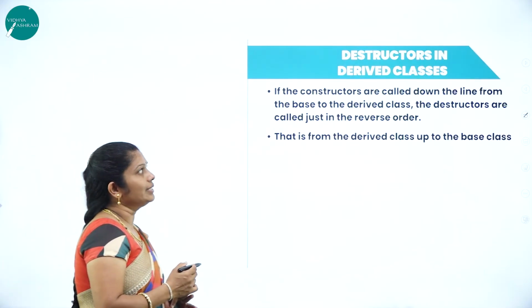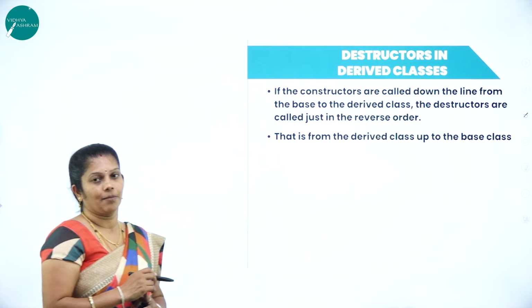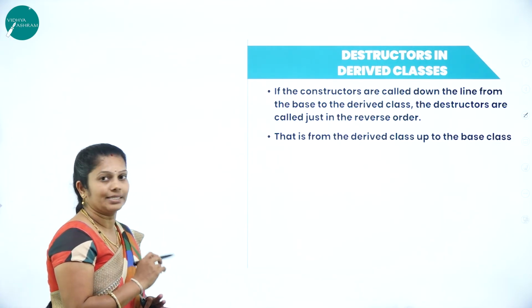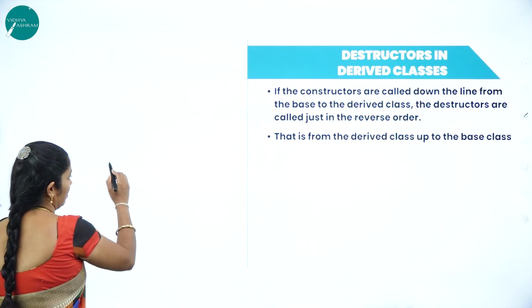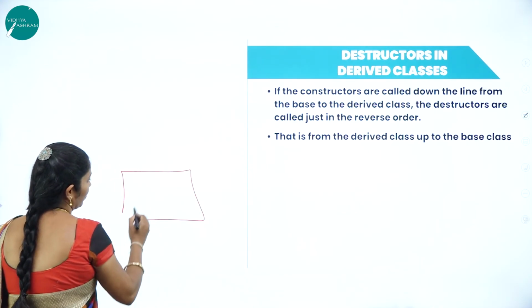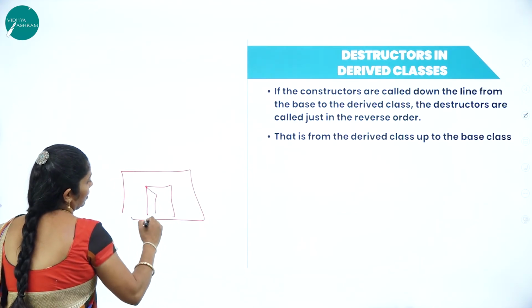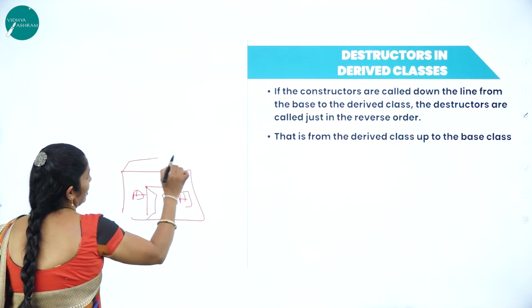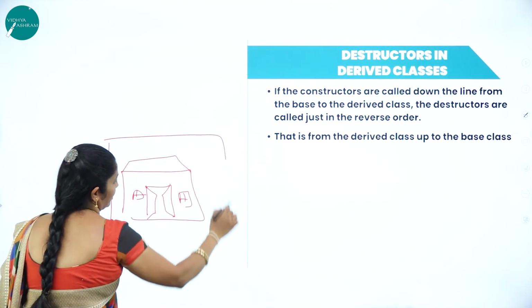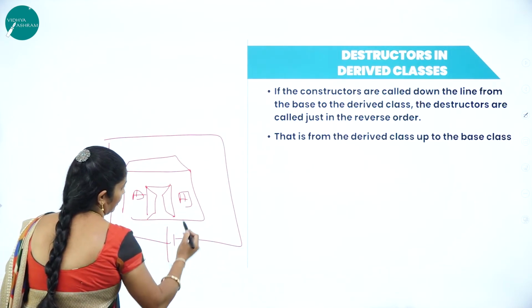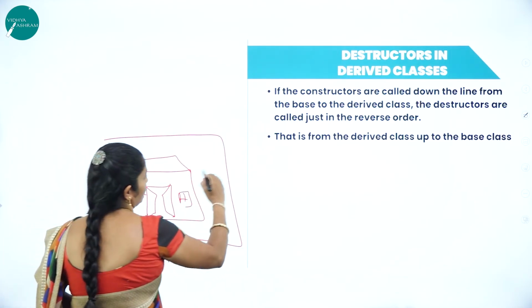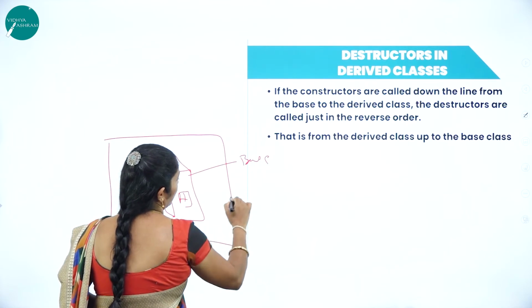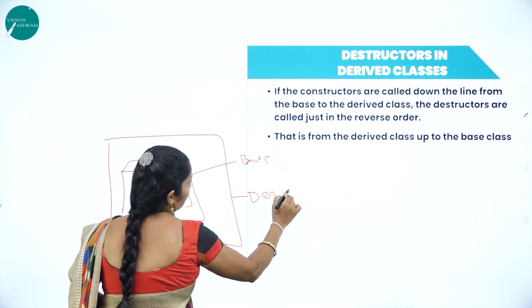Then destructor in the derived class. How exactly will the destructor work? I have already given an example. Consider we have a home. On this, we have windows and everything. Consider we have a compound also here. Then the home we used to call the base class, and the compound can be called the derived class.